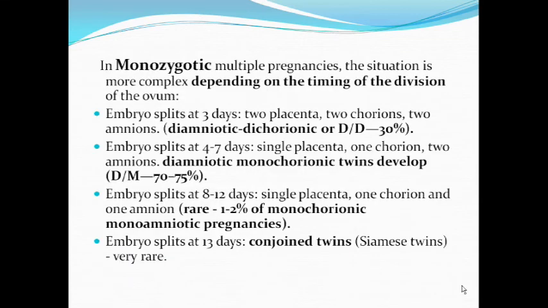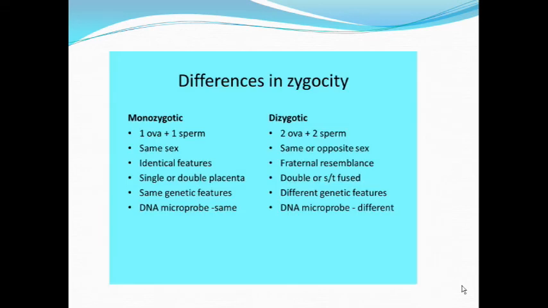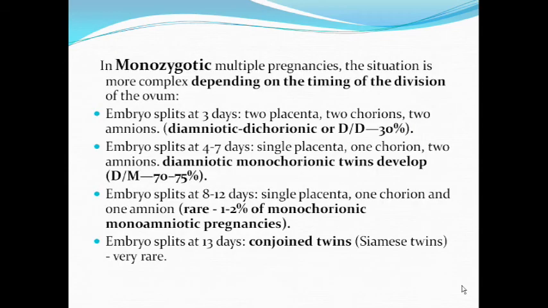In monozygotic multiple pregnancy, the situation is more complex depending on the timing of division. I told you dizygotic twins always have a double placenta, but in monozygotic twins, depending on the timing of the division of the ovum, it is of different types.